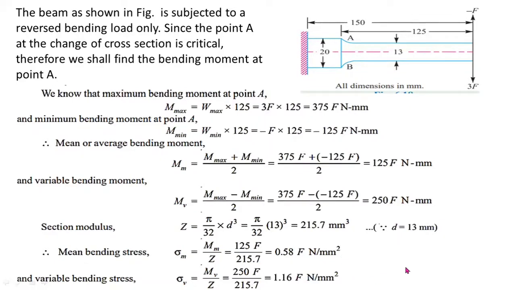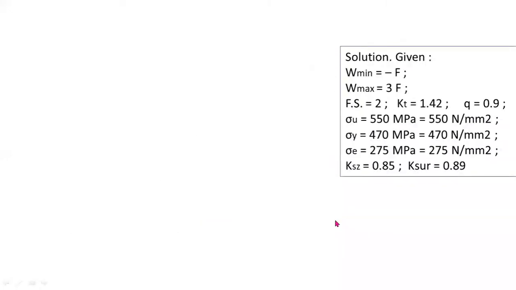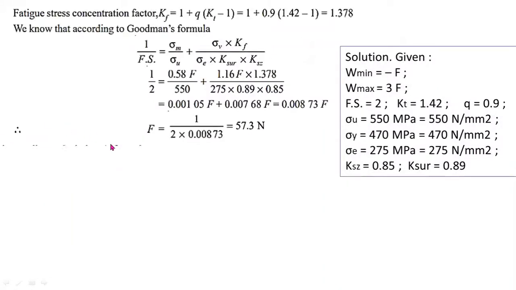From Soderberg or Goodman's method, you can find out the value of F. These are the given values. From Goodman's equation, 1 by Fs equals mean bending stress by ultimate stress plus variable bending stress into fatigue stress concentration factor, divided by endurance limit into surface finish factor into size factor.